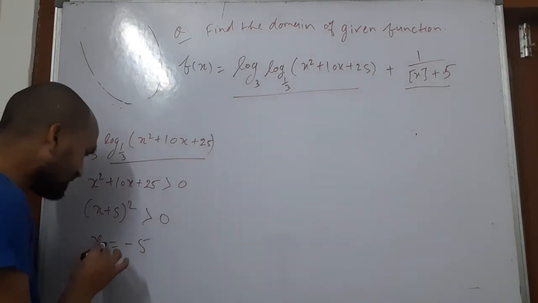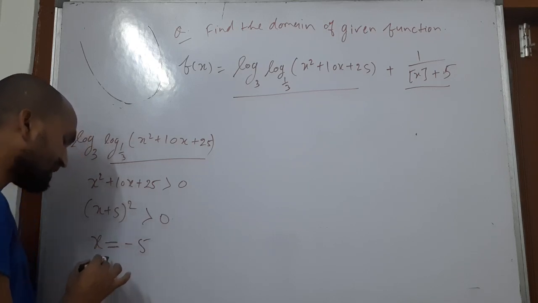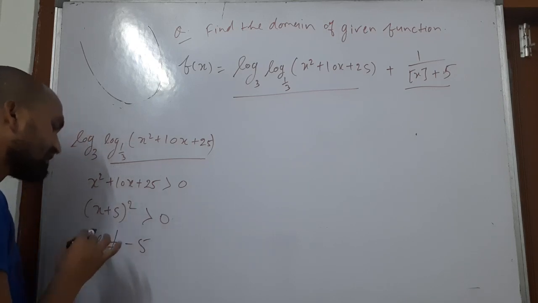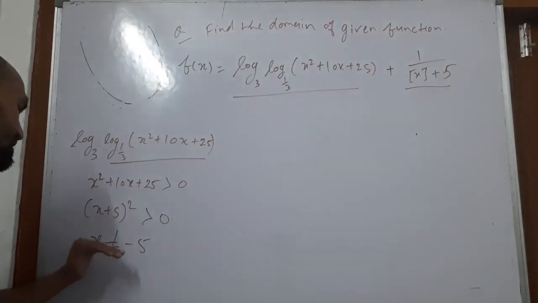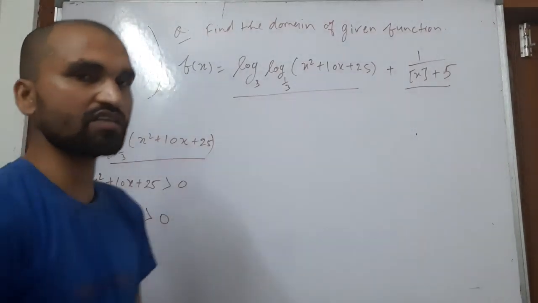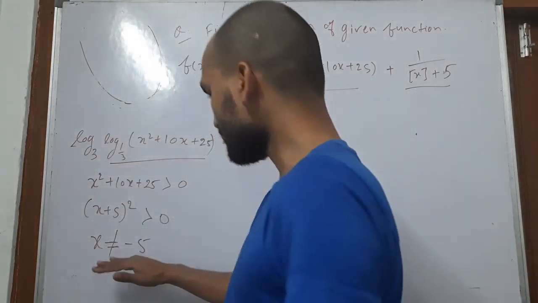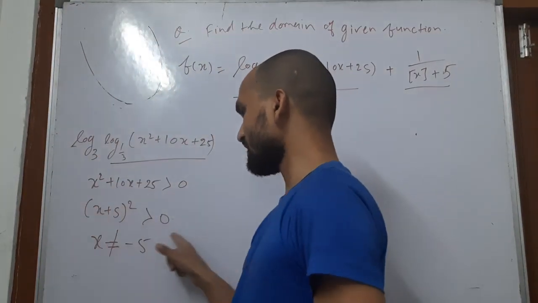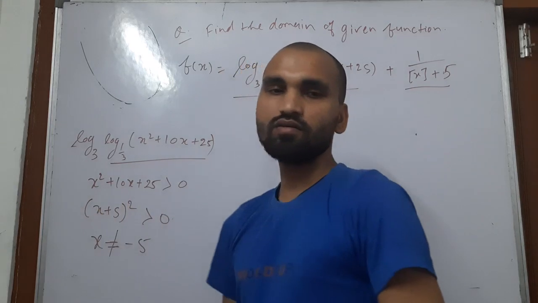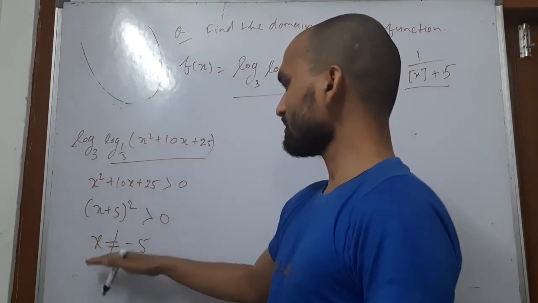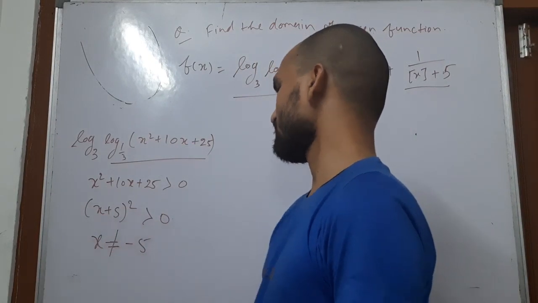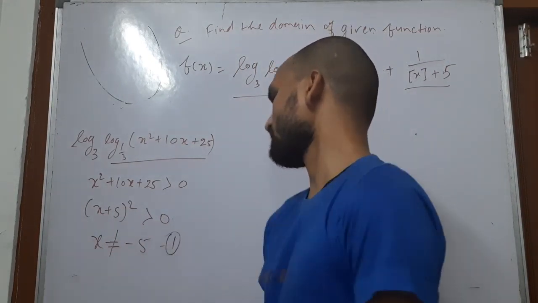So we cannot take x equal to minus 5; we should take x not equal to minus 5. For x not equal to minus 5, this relation is always valid. So this condition gives that x cannot be minus 5. This is relation number 1.